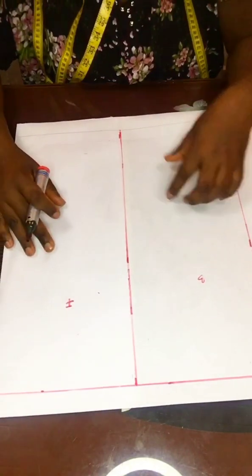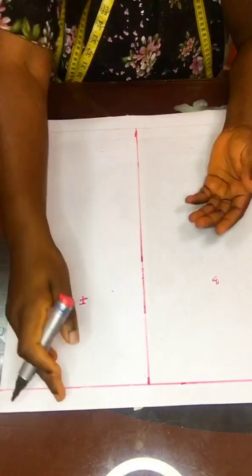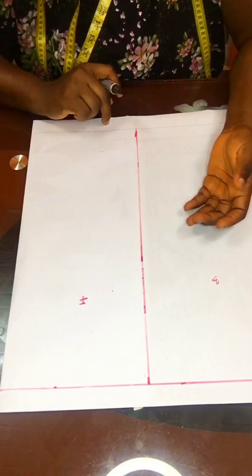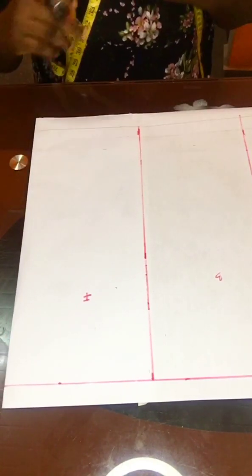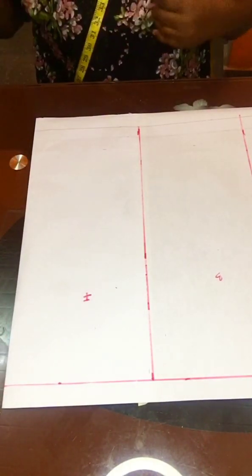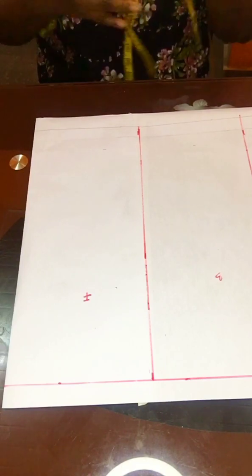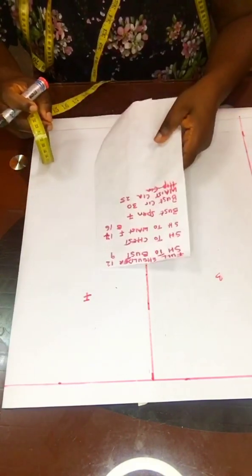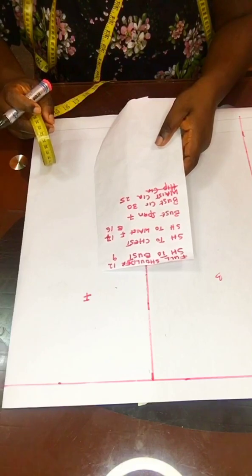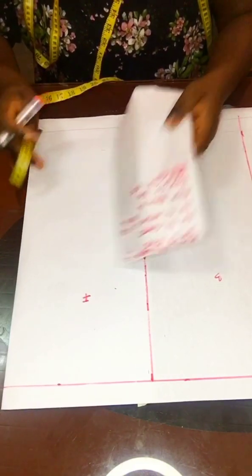The next thing we are going to do is to take the length of the bodice, and the length of the bodice will be the shoulder to waist measurement for the front. For my measurement, what I have for my shoulder to waist measurement for the front is 17 inches.